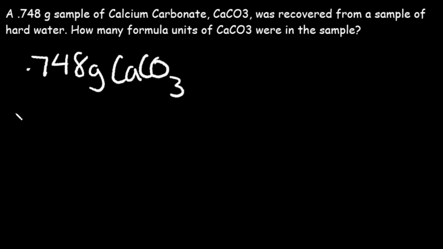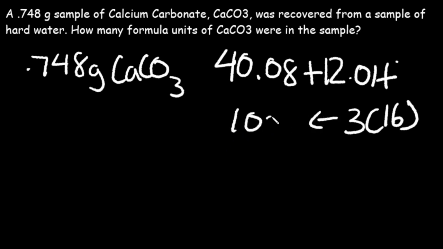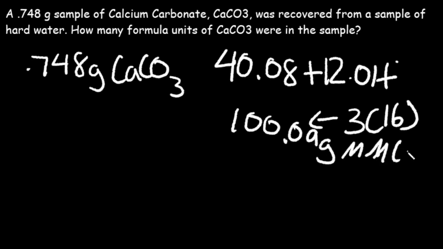So our first step is to find the molar mass of calcium carbonate. So calcium is 40.08 plus 12.01 plus 3 times 16, and from this, we'll get 100.09 grams, which is the molar mass of calcium carbonate.